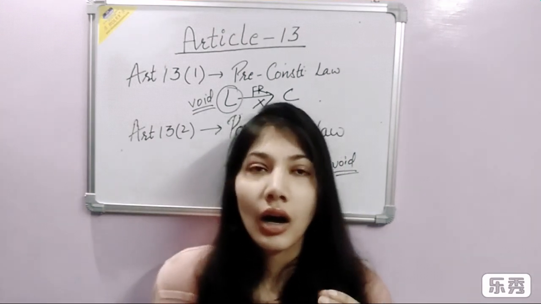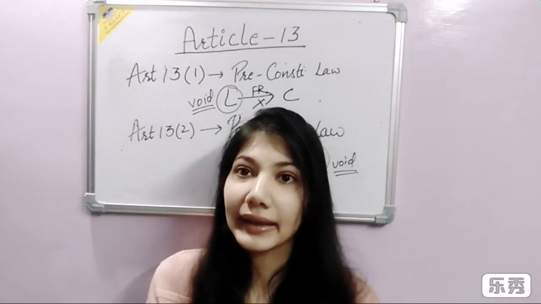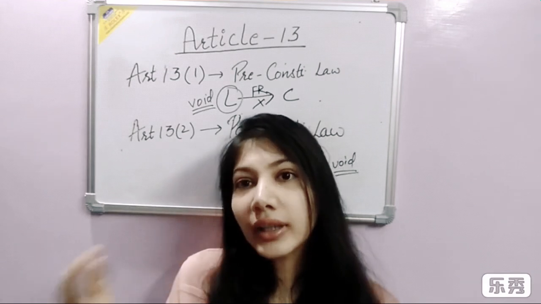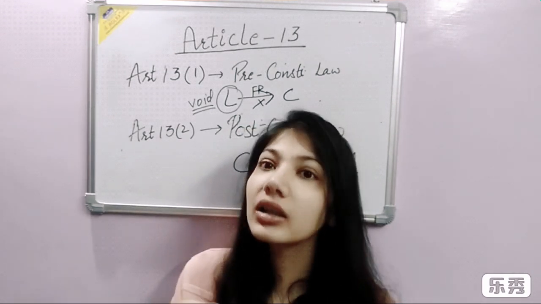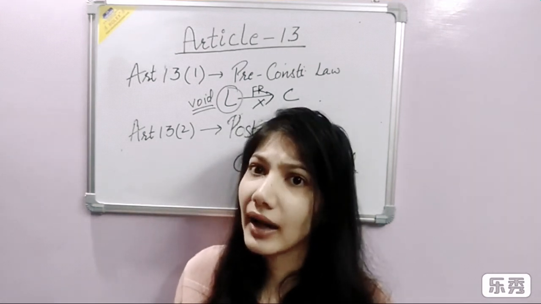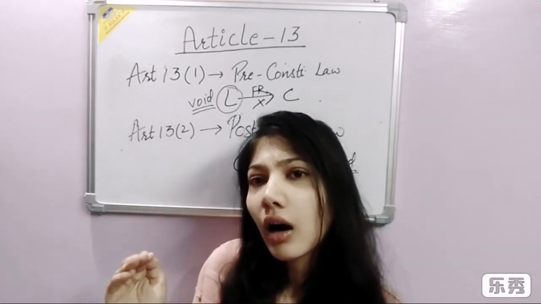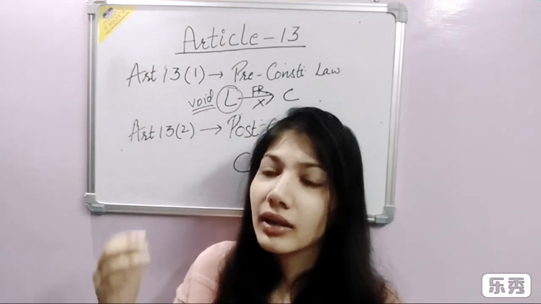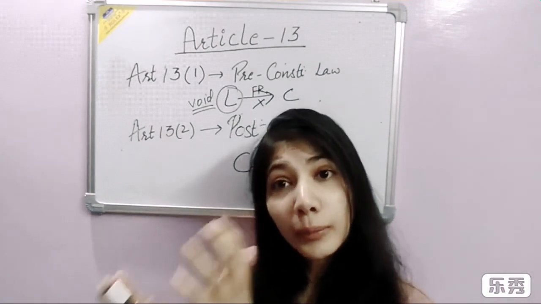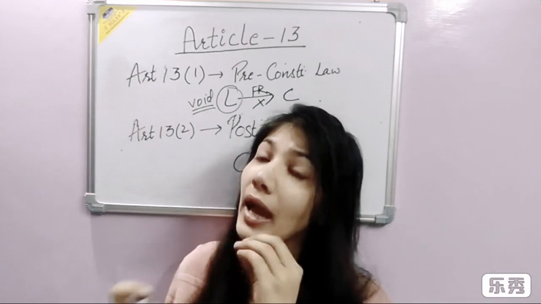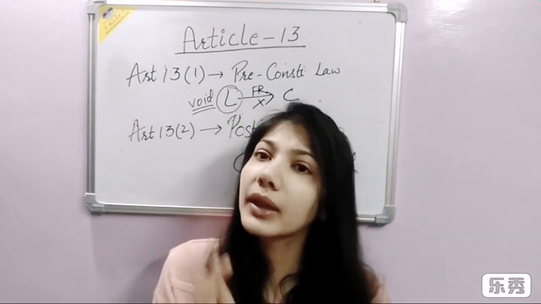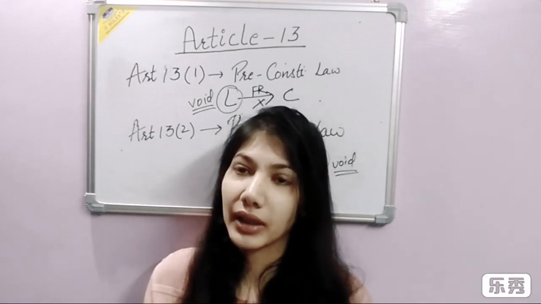For instance, say on 20th November 1897 some law came in force, and after the commencement of the constitution, it was declared void as it is in violation of the fundamental rights. And there is some amendment done regarding that law on 30th December 2017. So from that date, the law will become enforceable and operative, right? So this was held in Bhikaji Narain versus State of Madhya Pradesh.